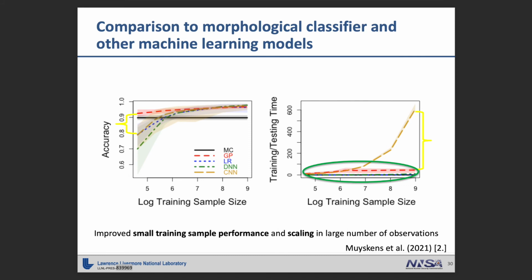So when we have a very limited training sample size, we see that the Gaussian process model, even with all these approximations we've made, does much, much better than any of the other models. But when the training size gets very, very large, you see that the scaling in that training size is very, very poor for a CNN, meaning that it has this nearly cubic scaling that we would not be able to support when retraining these models on these very, very large data sets.